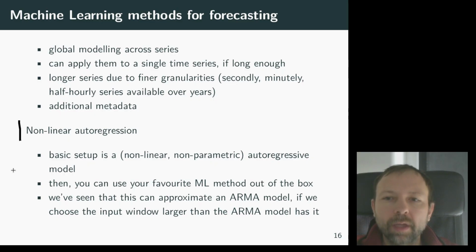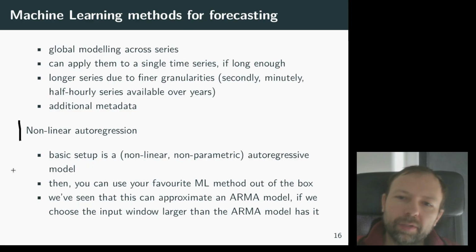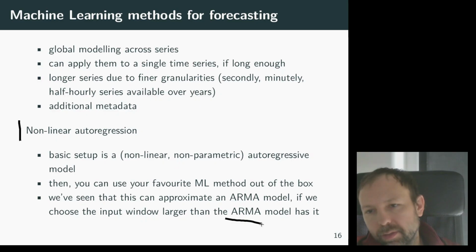So the idea is, fitting MA parts is quite difficult and cumbersome. So the problem is the MA part. The ARMA model has an AR part, which is the autoregression, and the MA part, the moving average. The autoregression is very simple.